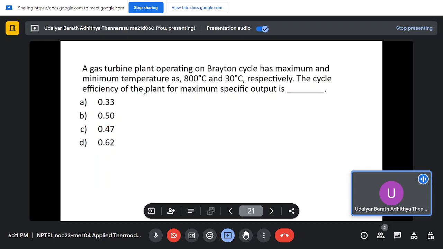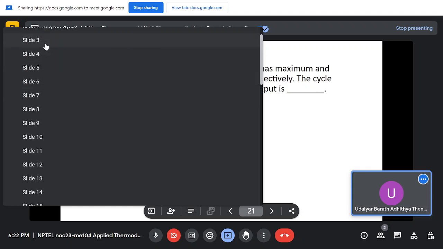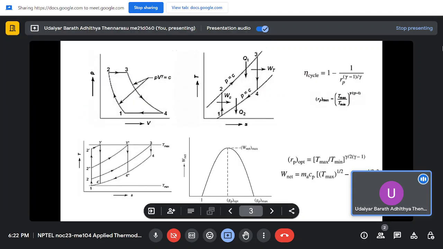This is similar to slide 3, so I'll go back to it. The efficiency of the cycle is 1 minus 1 by Rp raised to power gamma minus 1 by gamma. For optimum pressure ratio for maximum specific work output, R optimum is T max by T min raised to power gamma by 2 times gamma minus 1. If you substitute this, the efficiency of the cycle becomes 1 minus root of T min by T max.